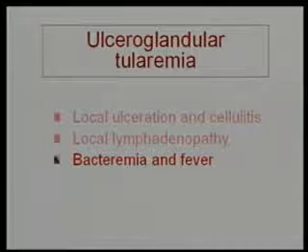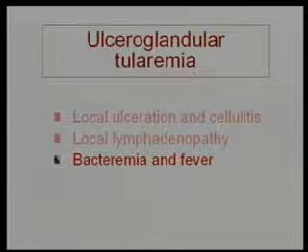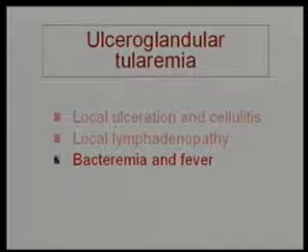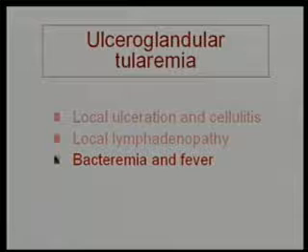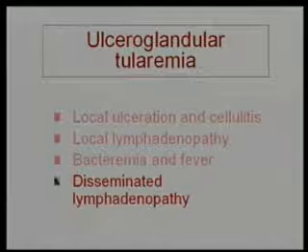After the local infection and ulceration, the organism can spread, and does spread, into the blood circulation. And when it's in the blood circulation, I already emphasized that whenever there are organisms in the blood circulation, there will be fever because they interact with the different cells and produce pathogenic factors.